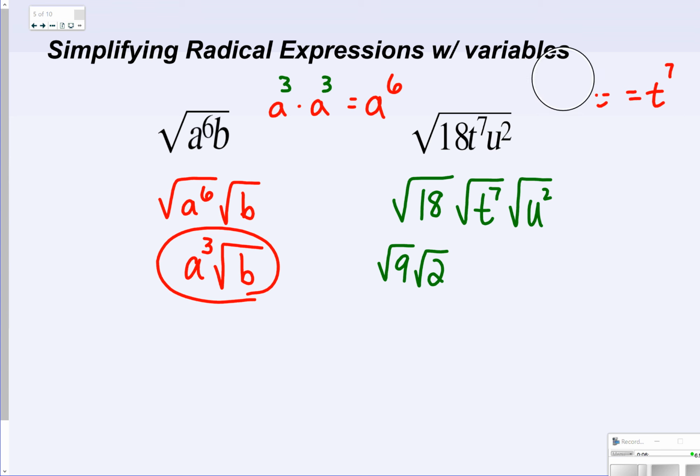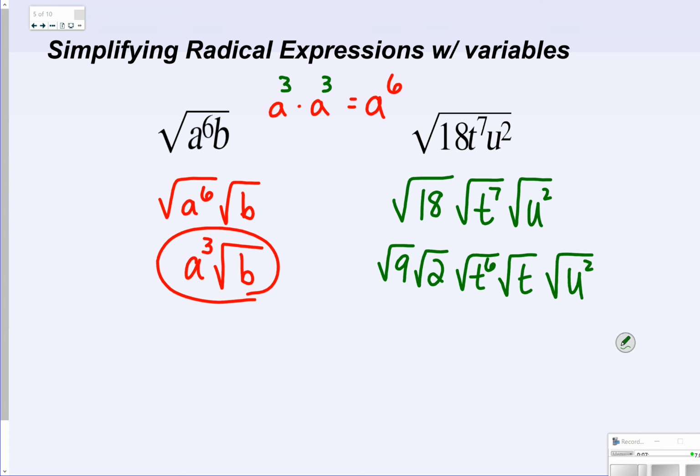So instead of thinking about it as t to the 7th, what we should think about is factoring this into t to the 6th times the square root of t, because that's what would give us t to the 7th. So with an odd number as an exponent, let's break it down into the next lowest even exponent. And then let's keep this as a square root of u to the 2nd.